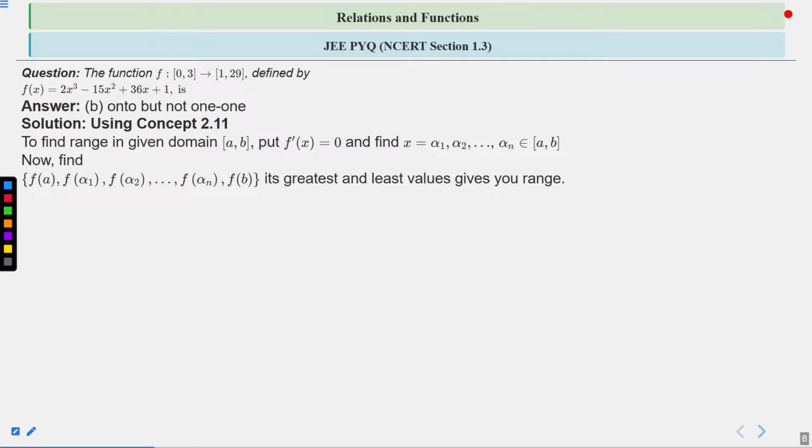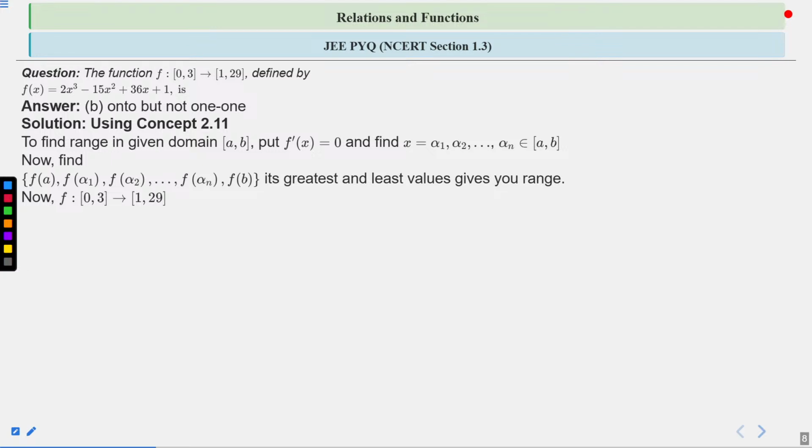So from a to b, we first find all the roots in between, and then find the values of the function at those roots and also at the boundary points a and b. The least value and the greatest value we get will be the range of the given function.